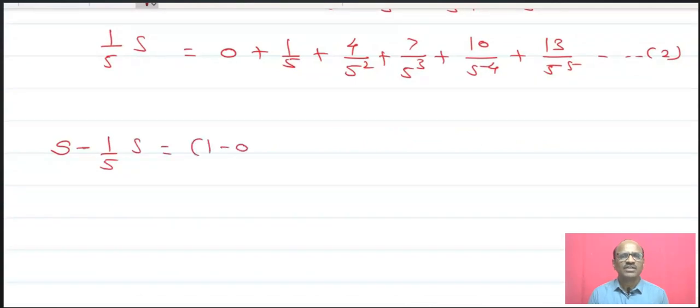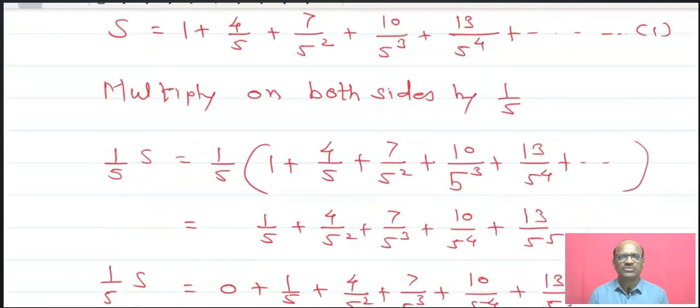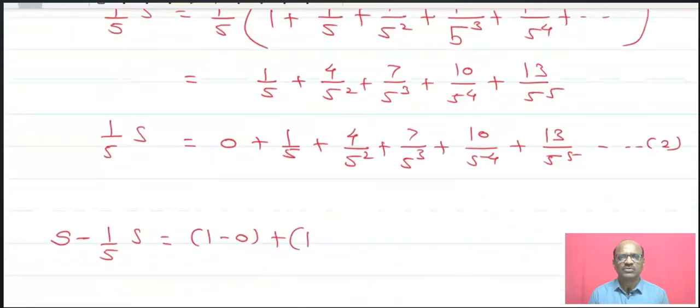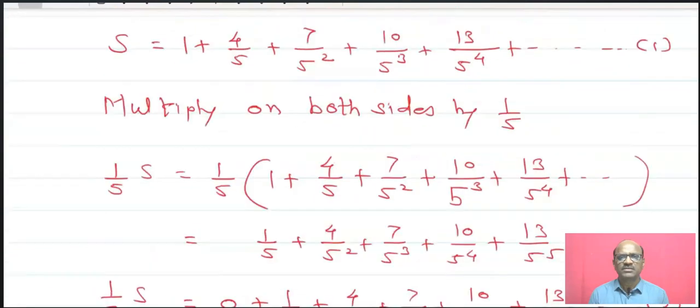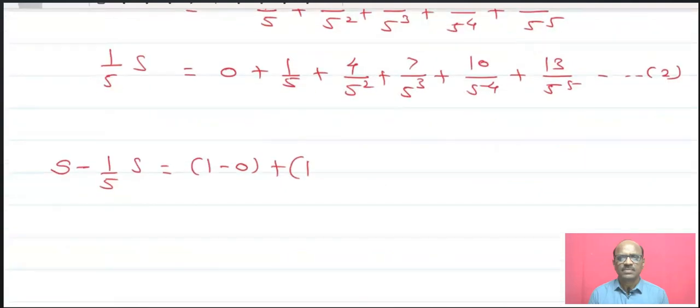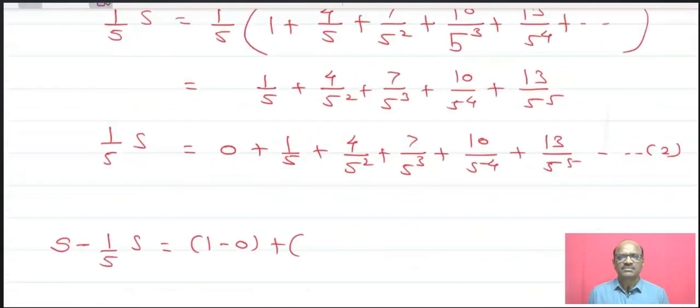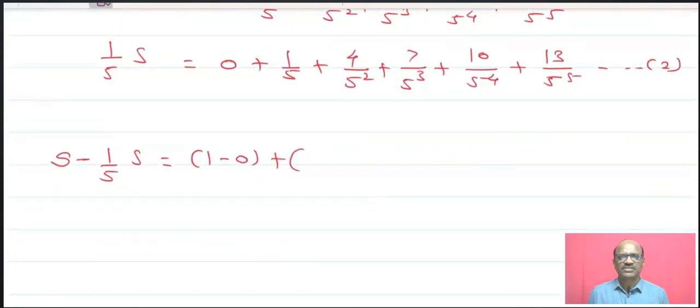Now equation 1 minus equation 2, that is S minus S upon 5, equals 1 minus 0 plus, now here is a subtraction, 4 upon 5 minus 1 upon 5.